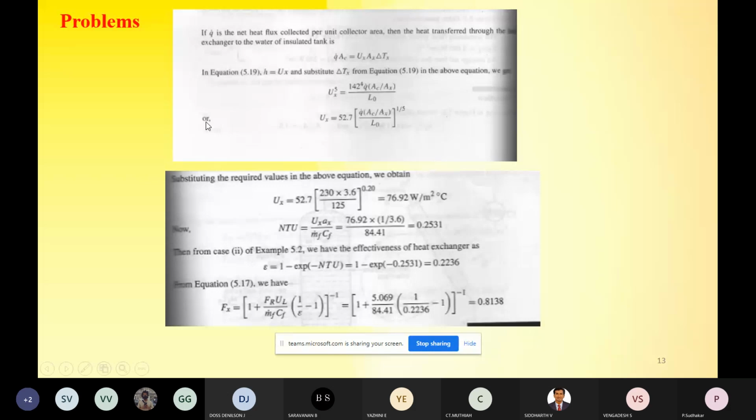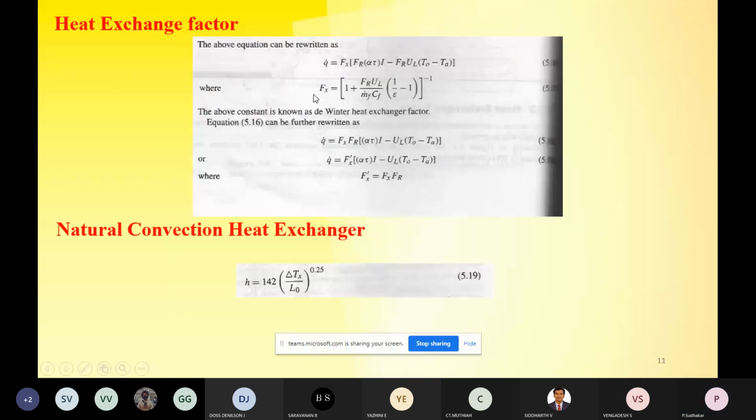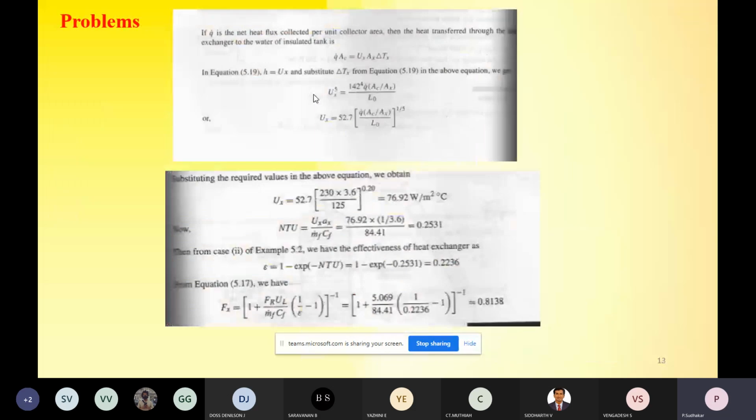The equation given here, 5.19, may be rewritten for the following problem. As you see, Q dot is the net heat flux collected per unit collector area.